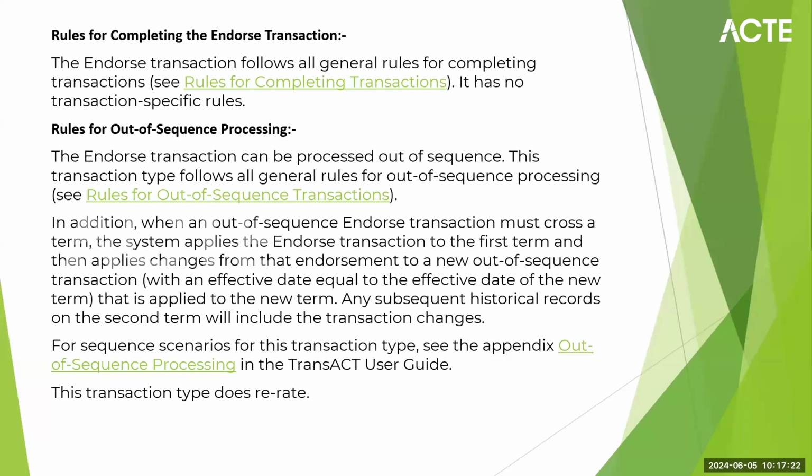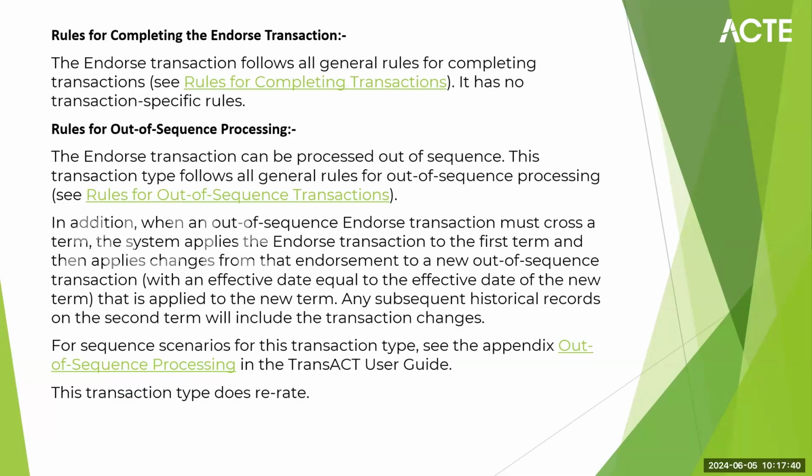Out of sequence is nothing but, suppose you have done the endorsement with the current date, like today's date, 5th June 2024, and expiration date is 5 June 2025.